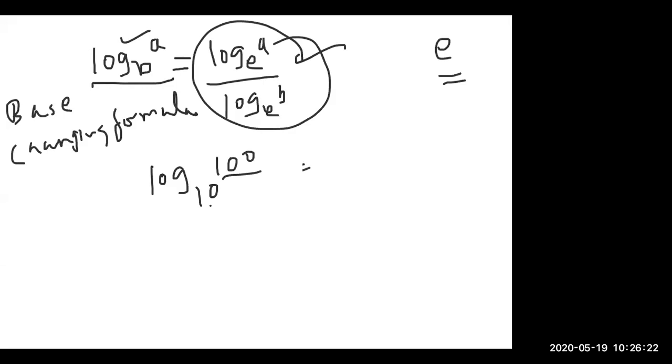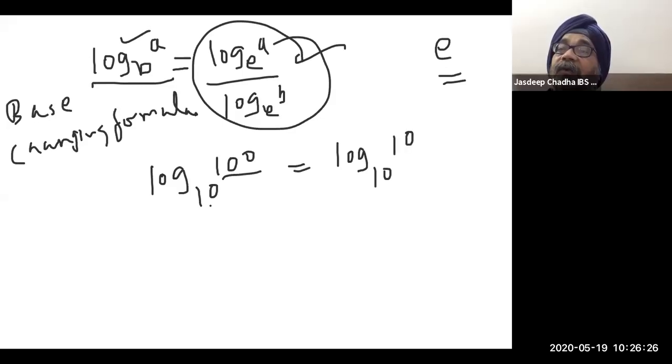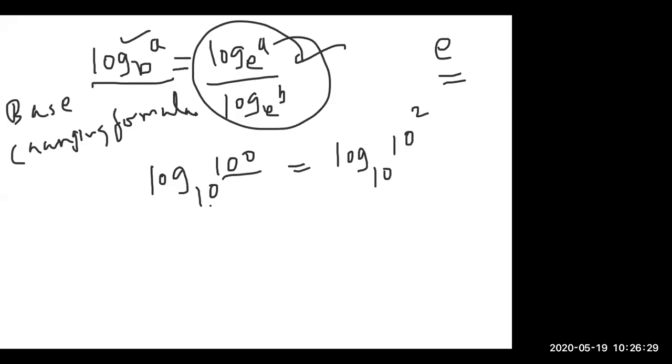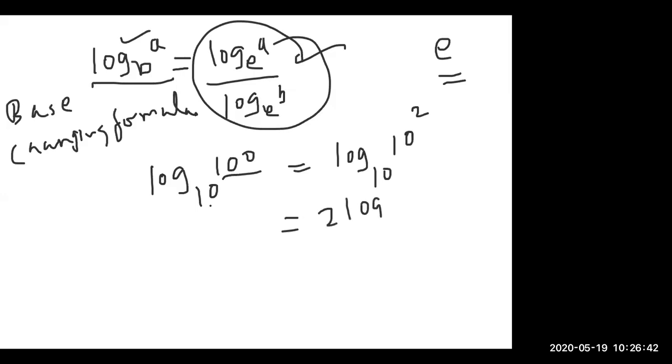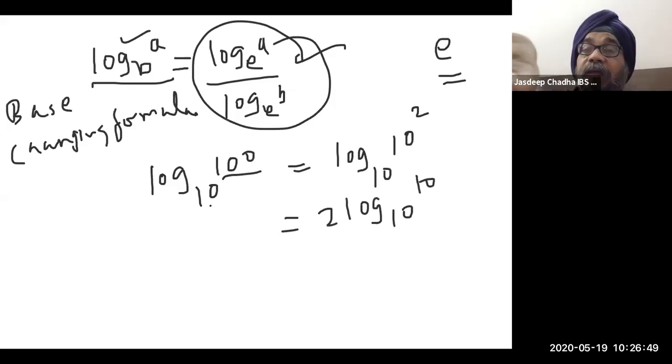See, 100 I can write as 10 square. Correct? Now I can further simplify it. Log 10 square to the base 10, the power will come outside: 2 log 10 to the base 10. Yes, sir. Now this is a formula: log a to the base a is always 1.